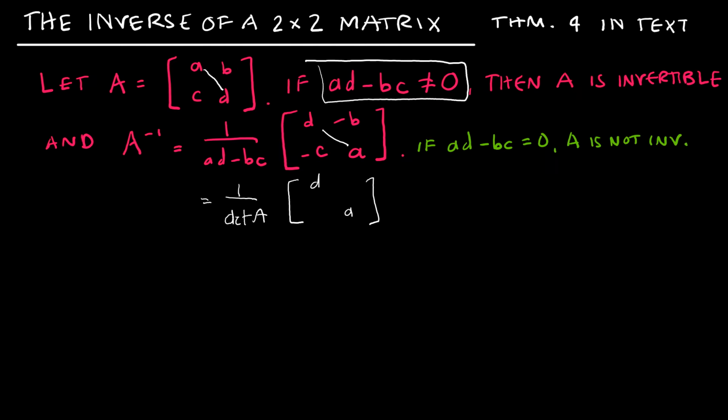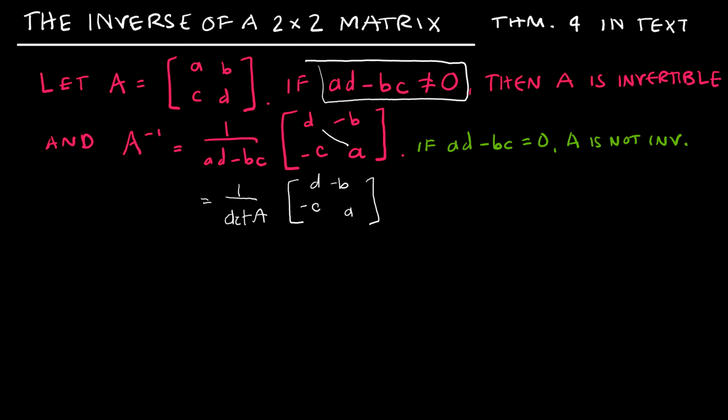And notice the second diagonal, B and C are in the correct spot, but they're negatives. So the first diagonal, I change the values with each other, and the second diagonal, I change the signs.